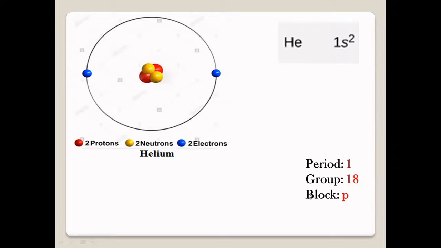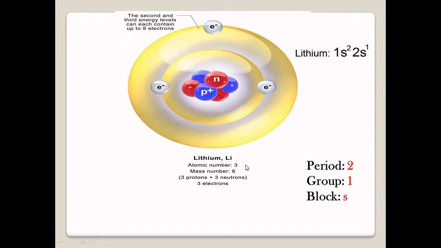Okay, let's see the next example after helium, lithium. It has 2 energy shells, that is 1s2 and 2s1 is the electronic configuration of lithium, which consists of 3 electrons, that is 2 electrons here and 1 in the last shell. It consists of 3 protons, 3 neutrons and 3 electrons.